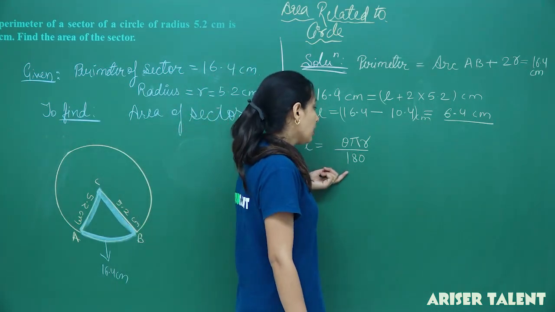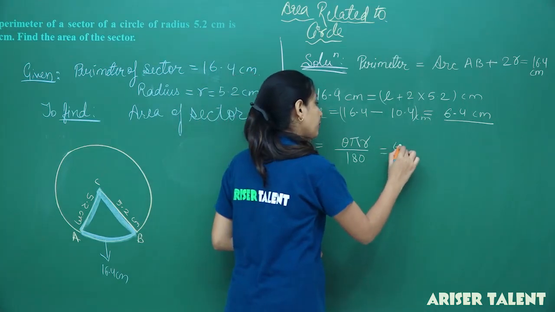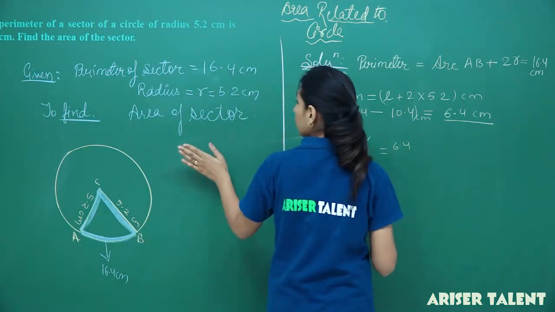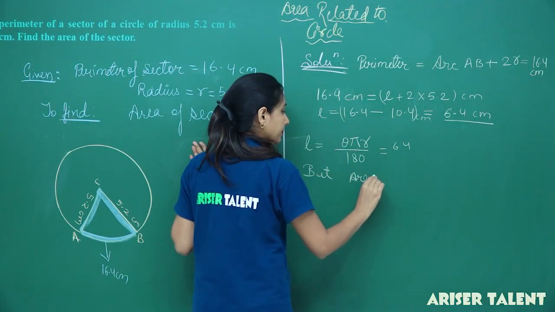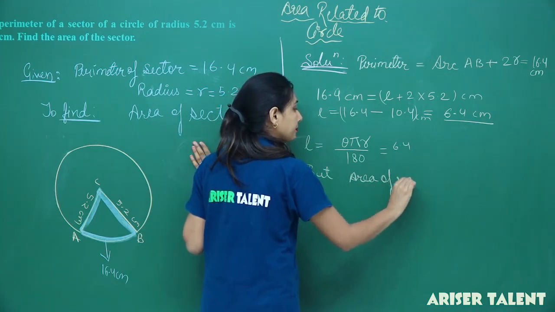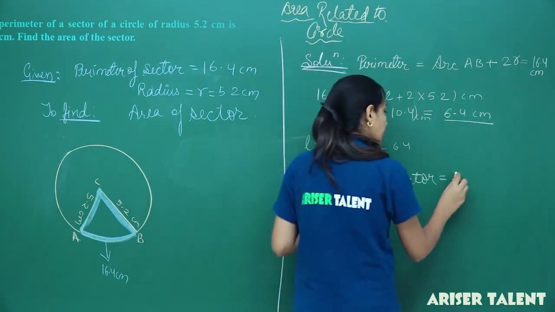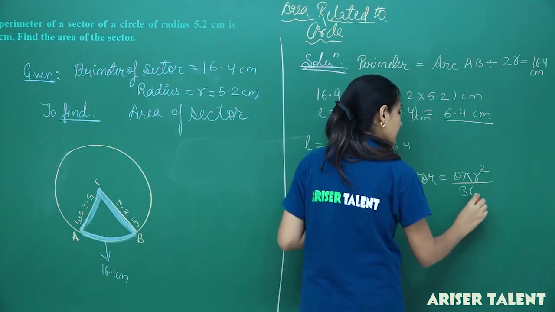This is l. But I have told you the area of the sector, which we have to find, equals theta pi r square by 360.